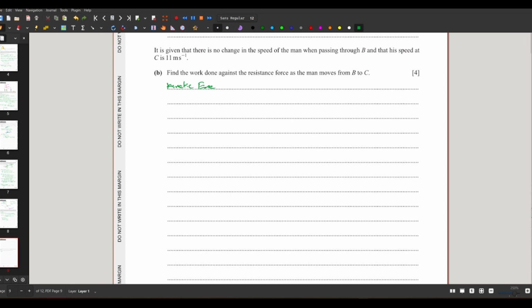Kinetic energy at B, I will write KEB. So we apply half mv square. Half mass is 80 and the velocity was 8.6.